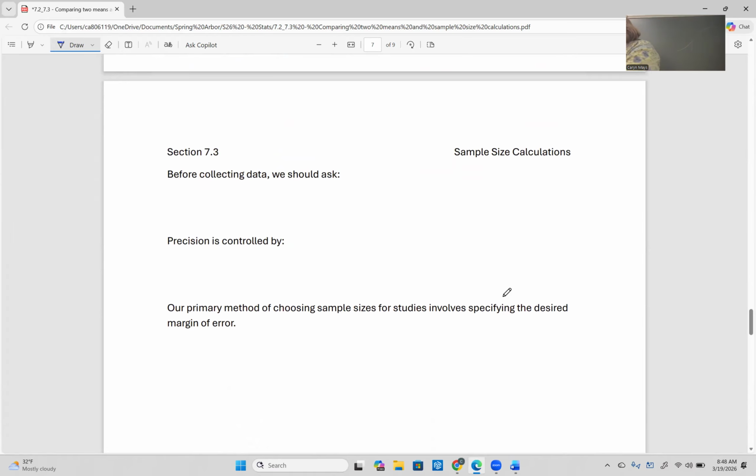7.3 gives us a little bit of sample size items.